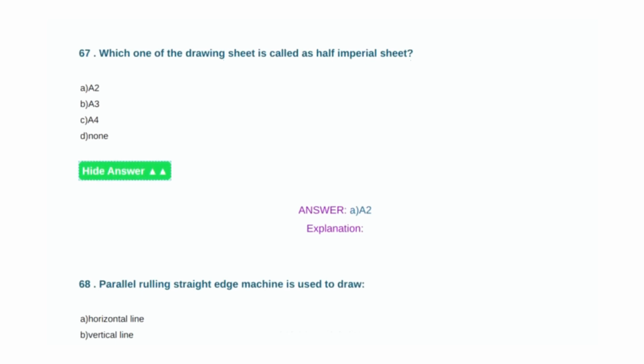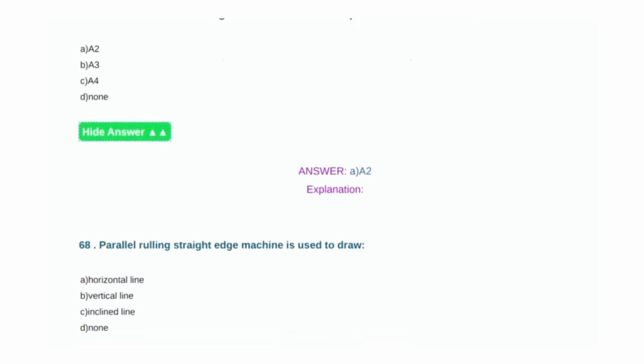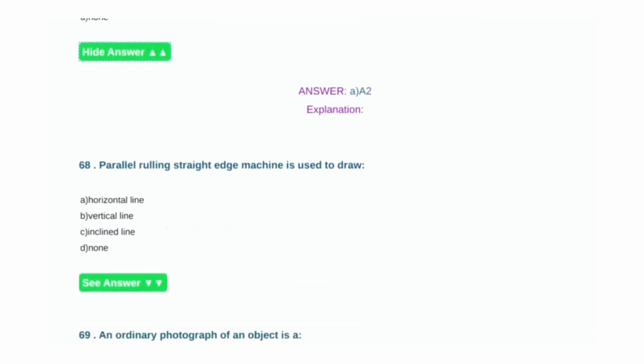A1 size is 594 by 841. Half imperial A2 size is 420 by 594.